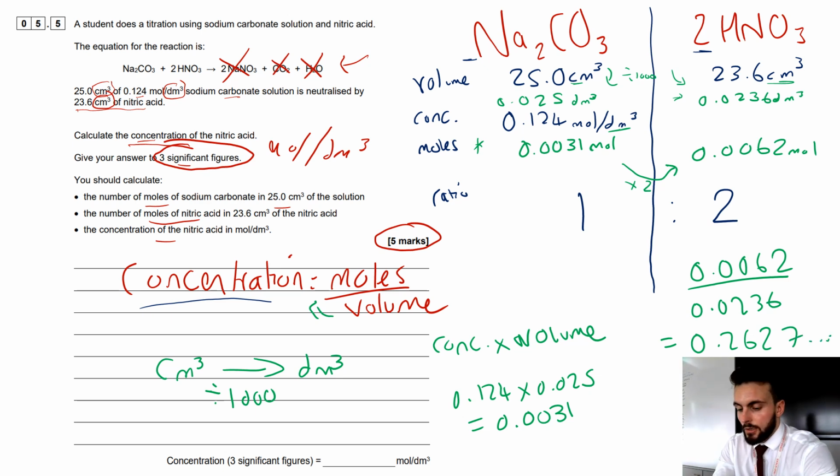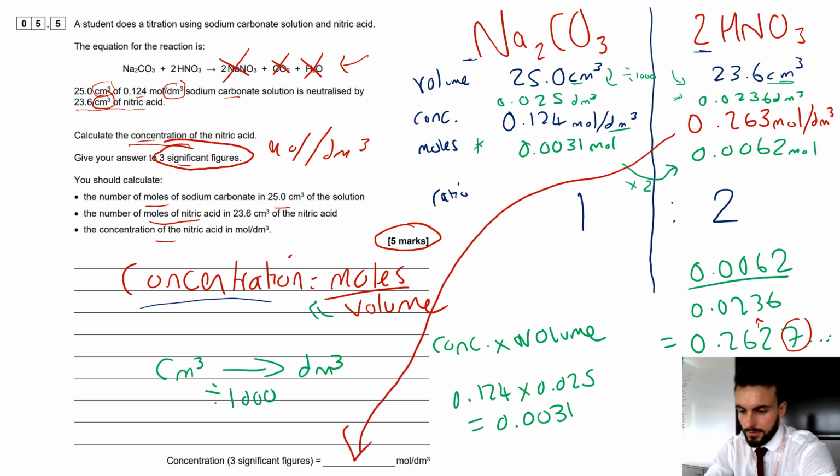We need to make sure it's in 3 significant figures to get that final mark. This is above 5, so that one's going to round up. So your final answer is 0.263 moles per decimeter cubed. And then obviously that answer goes there.